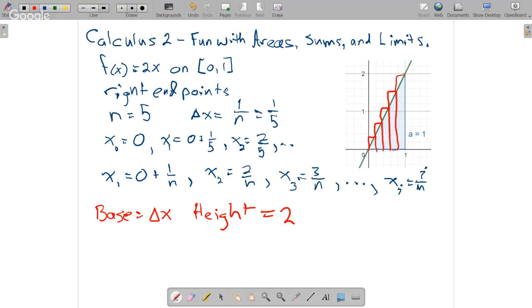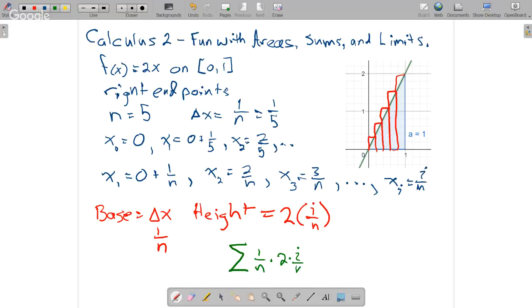That means I'm going to have 2 times my x value. My x value happens to be i over n. Putting that all together, with my delta x being 1 over n, my height being 2 times i over n, I can get a sum. So I'm going to add up all of these rectangles, and a rectangle has a base 1 over n times the height 2 times i over n.